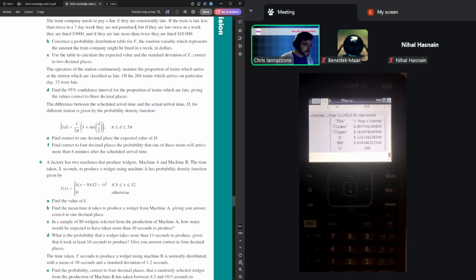Anyway, the difference between the scheduled arrival time and the actual arrival time is now given by a new function. Find, correct to 1 decimal place, the expected value of d, where d is given by the f of d function. What are we going to do here?